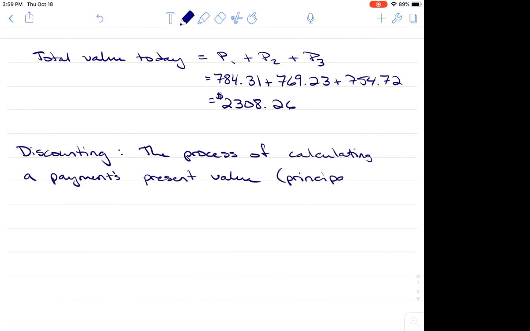We've only been calling it principal value. Once we get into compound interest, we'll start calling it present value, and I'll probably let it slip. But principal, present value, they're all the same.